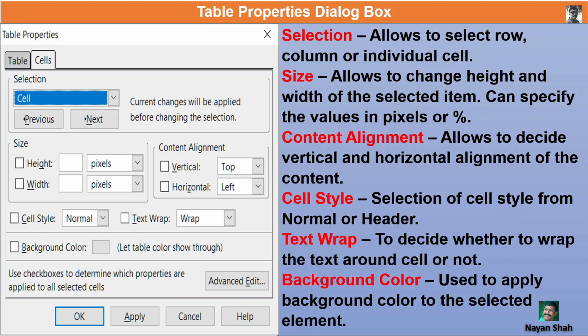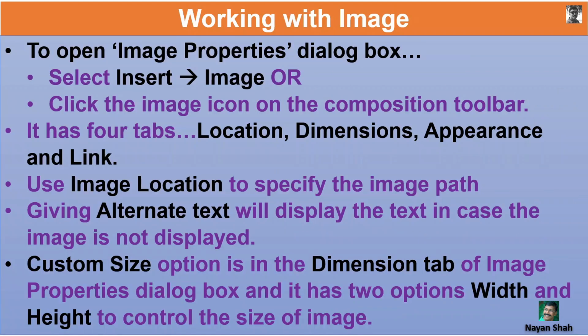Cell style, you can decide whether it is a normal style or a header cell. Text wrapping, if the text which you type in a cell is bigger than the cell width, then the text will start wrapping around the cell rather than increasing the width of the cell. And then again finally background color of that particular cell, row or column.